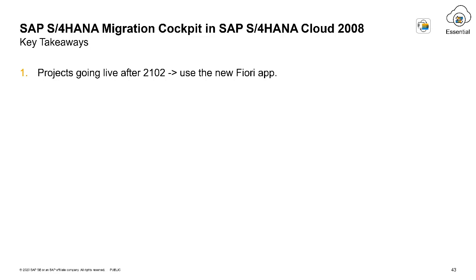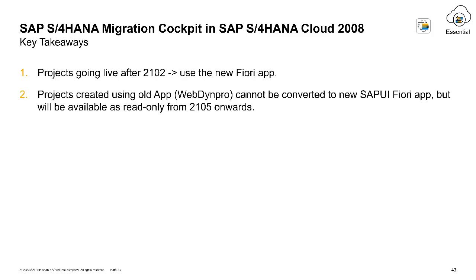possibility, if you run your go live until 2102, after 2102, then you should use the new Fiori app. Also here, we cannot convert from the old Web Dynpro to the Fiori UI. We have it switched to read only from 2005 onwards.